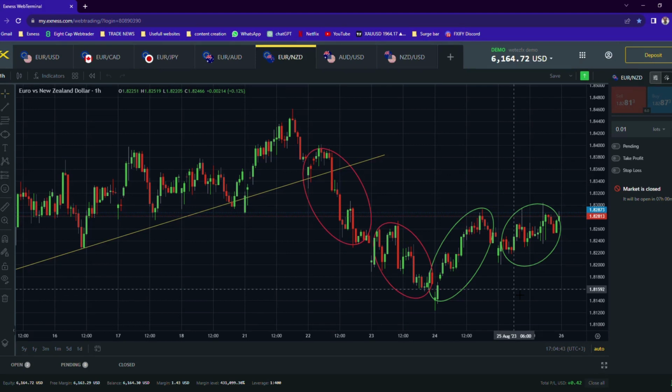And if a currency doesn't have any confirmations, you have to just avoid it and wait till you get a clear confirmation to open any position. So those were the correlations on Euro USD.